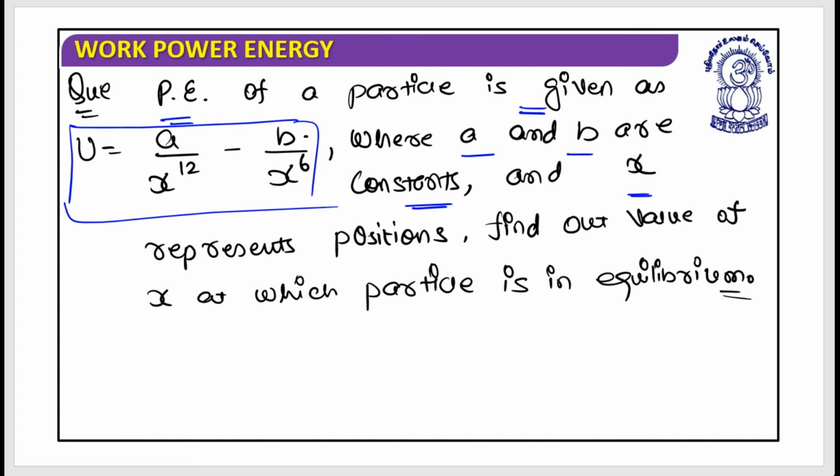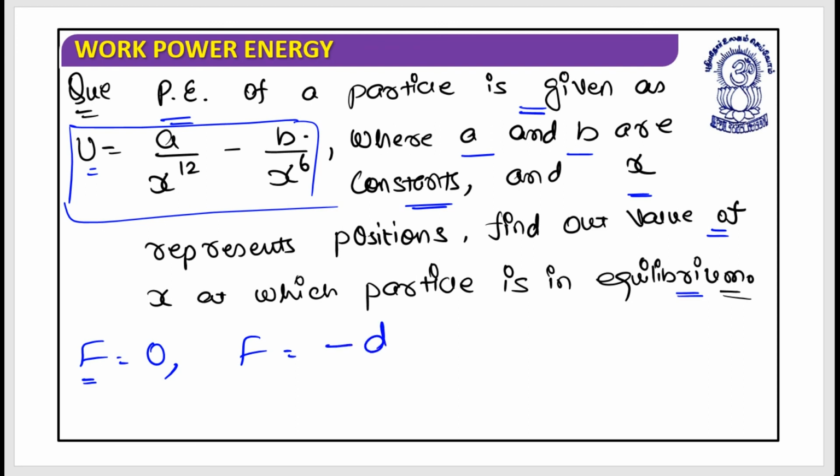You need to find the value of x at which the particle is in equilibrium. For equilibrium, force should be 0. Do I have any relation which can relate F and U? Yes, I have it.